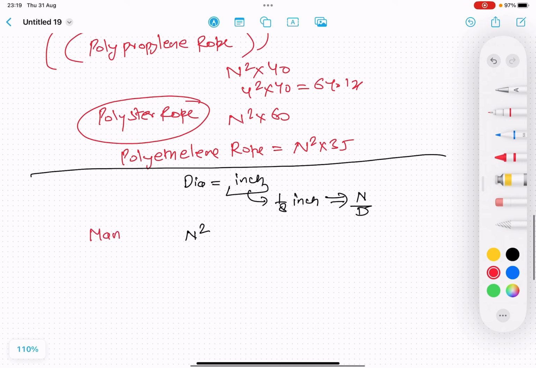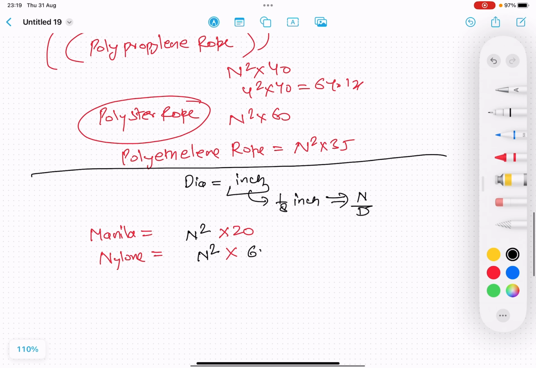In the case of Manila rope, it is n squared into 20. In the case of nylon rope, it is basically n squared into 60.